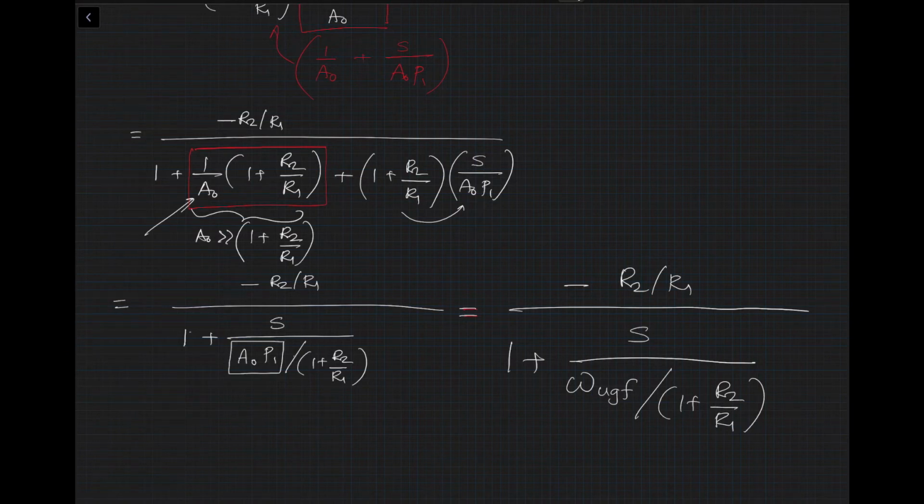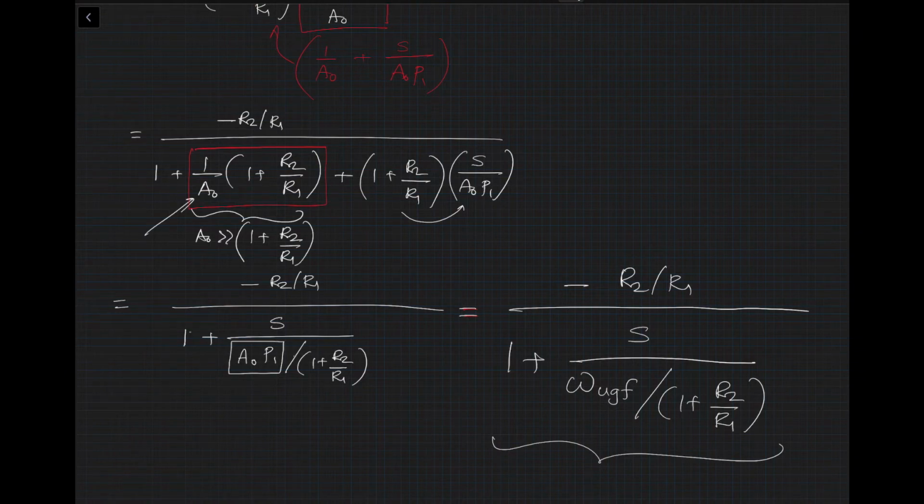Okay. Compare this to our original one pole response. This also looks like a one pole response, except the pole location has been modified to omega UGF divided by 1 plus R2 by R1. So what does this really mean?